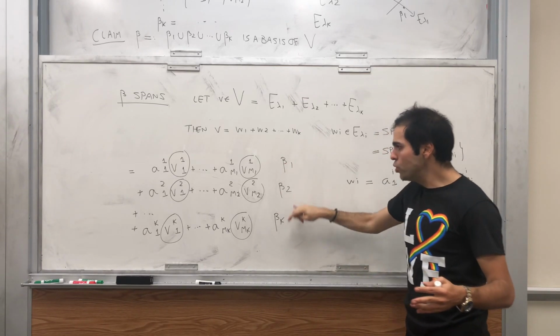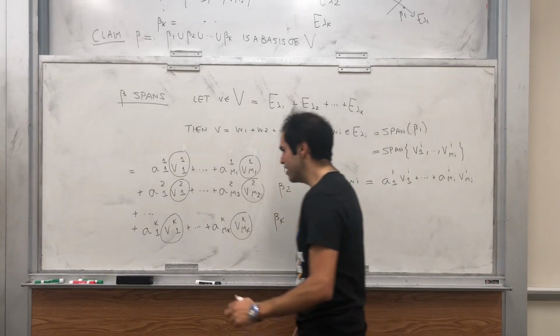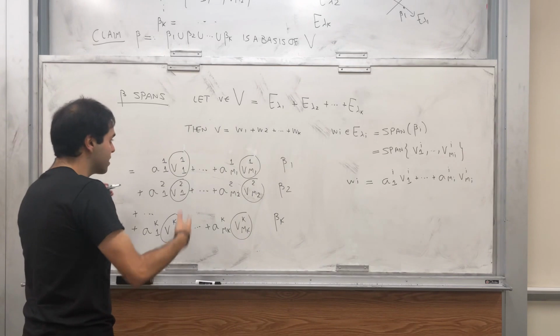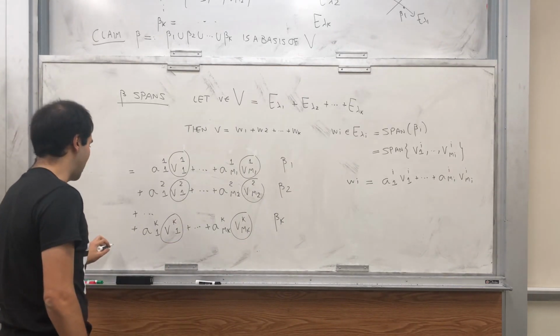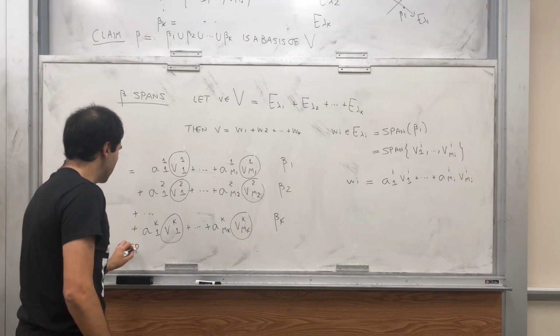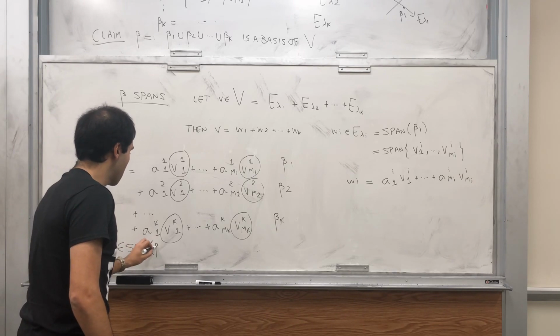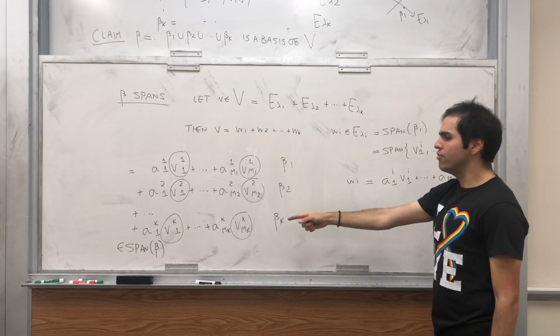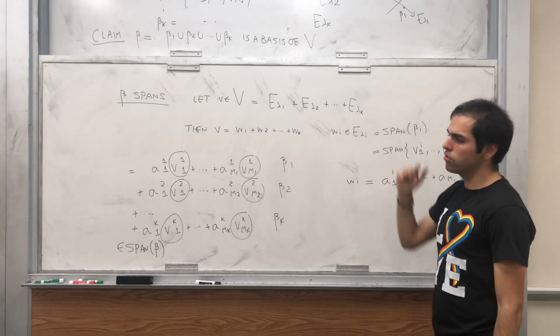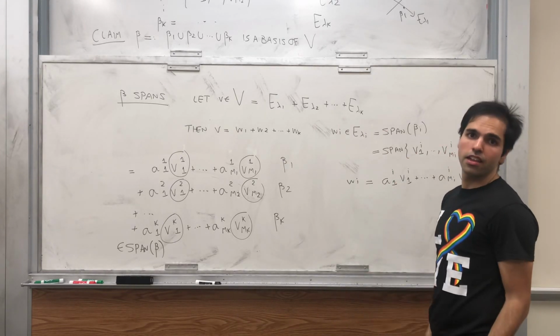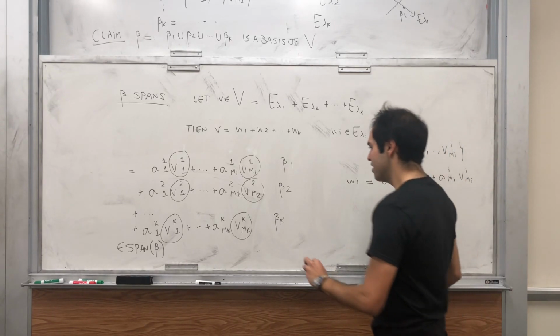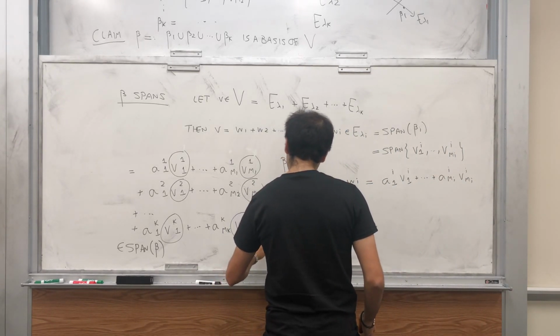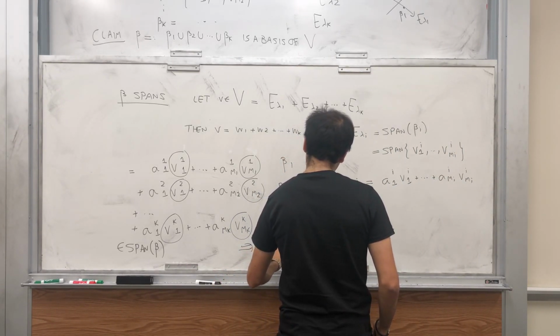Beta is just a union of all those things. So, in fact, this is in the span of beta. So in other words, an arbitrary vector in V is in the span of beta. So beta spans V, and then we're done with the spanning part.